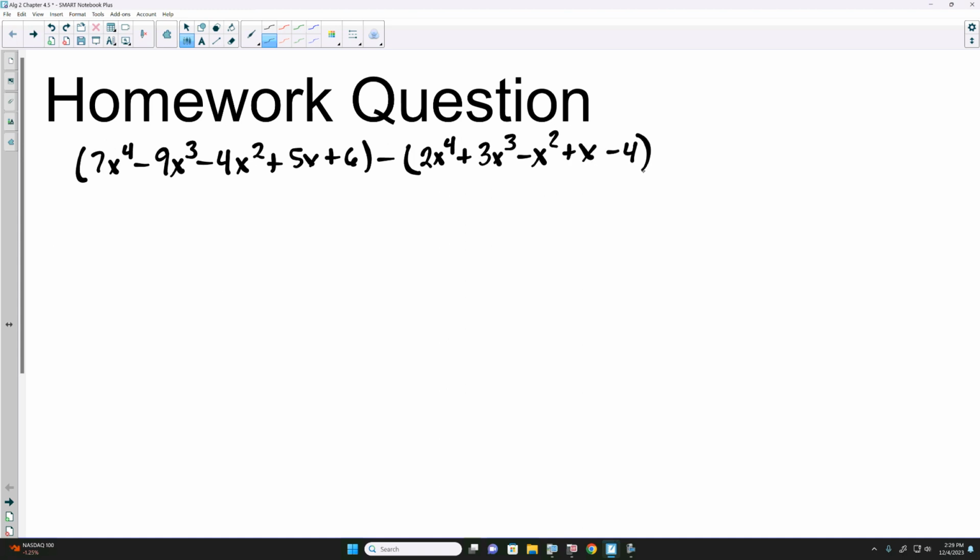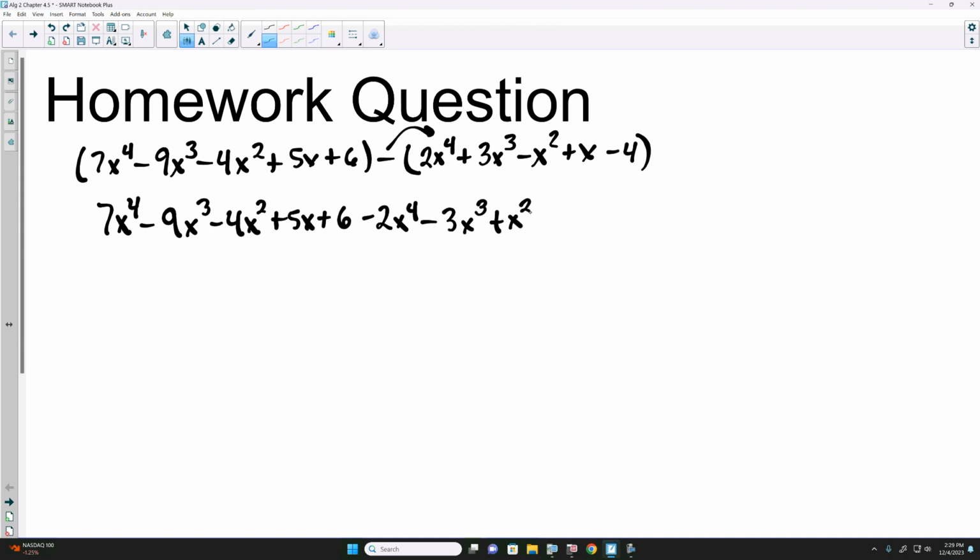Whenever we subtract two polynomial expressions, the first one's signs are going to stay the same. But the second one, we do have to distribute the negative, which is going to make it negative 2x to the fourth minus 3x cubed plus x squared minus x plus 4. So all the signs of the second one change from positive to negative or negative to positive.